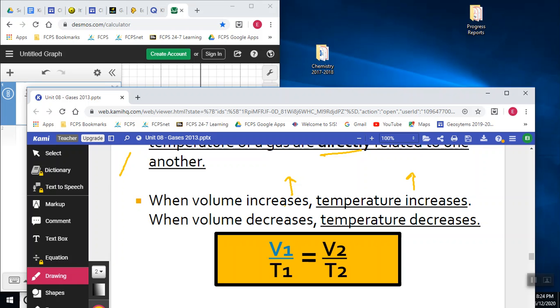If I decrease the volume, the molecules are squished in together, that means you have lower temperature.